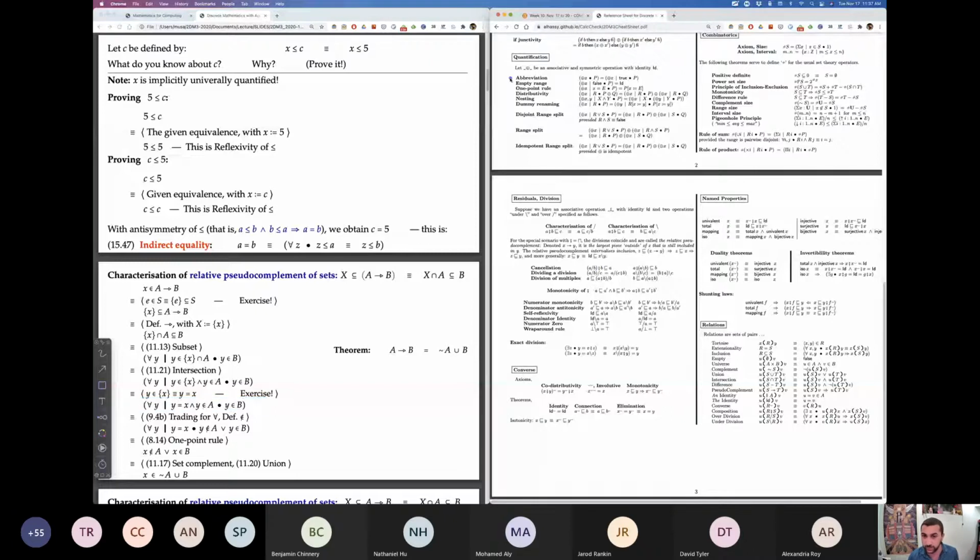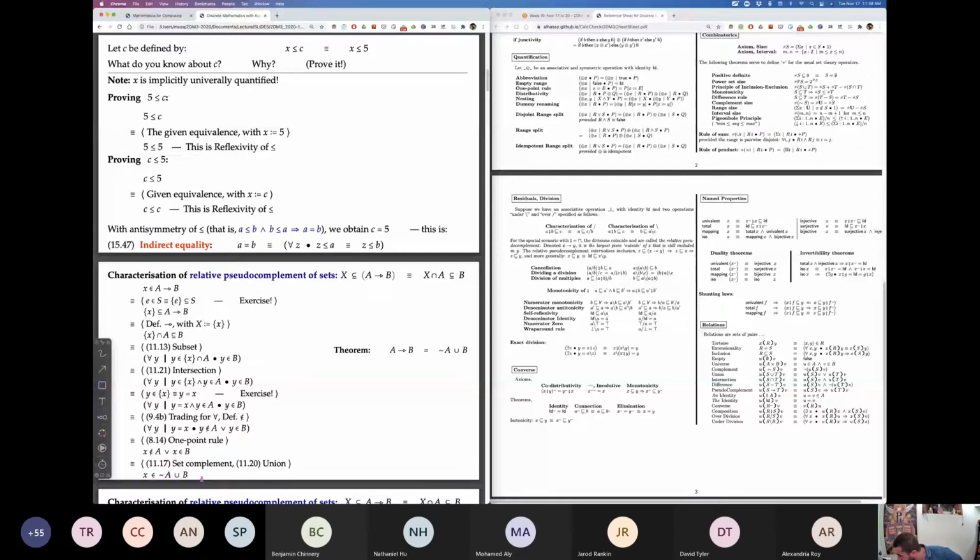So recall that the 1-point rule just says when you have one option, that one option. Okay, next. So we do trading to allow us to get to the 1-point rule. When we get to the 1-point rule, we apply it, and now we have just an or, and we know how to rephrase this in terms of set theoretic union.